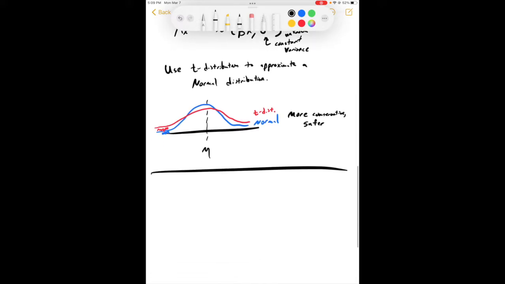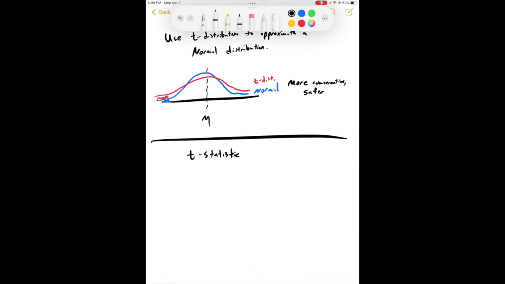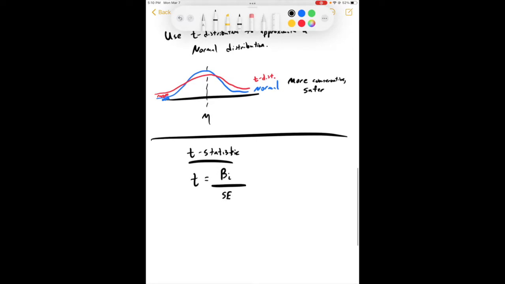Now, for our hypothesis test, we need a t-statistic. And the t-statistic is pretty easy to calculate. It's t equals beta I over the standard error.